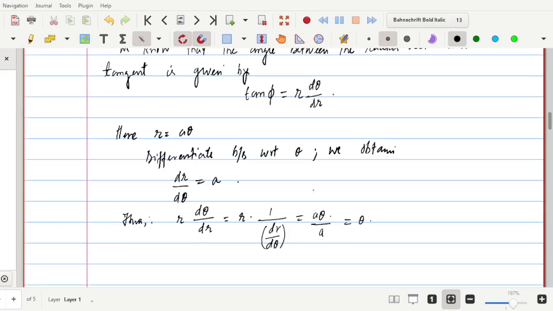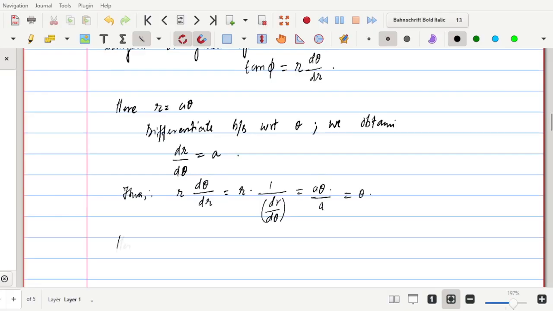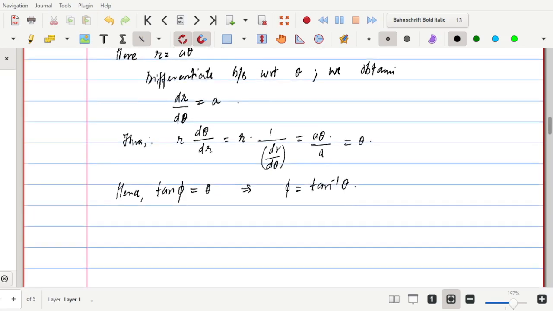Now using this in the formula, we have tan phi equal to r d theta by dr, so tan phi is equal to theta. This implies phi is equal to tan inverse theta. Therefore this is the angle between the radius vector and the tangent vector of the given curve.